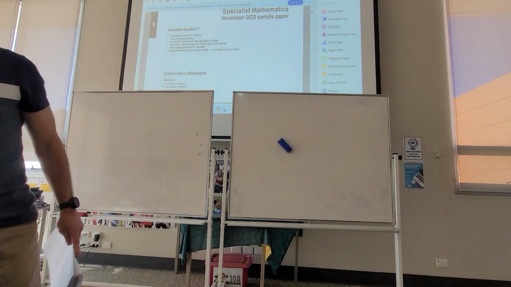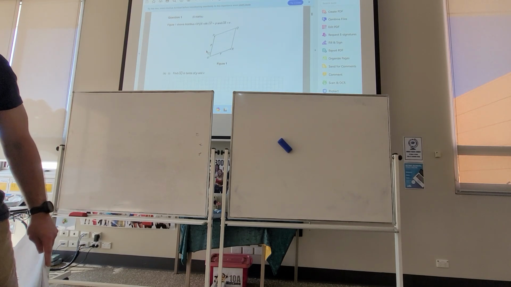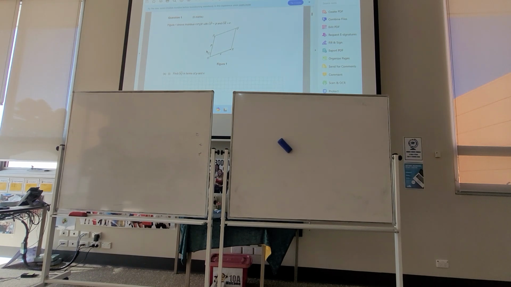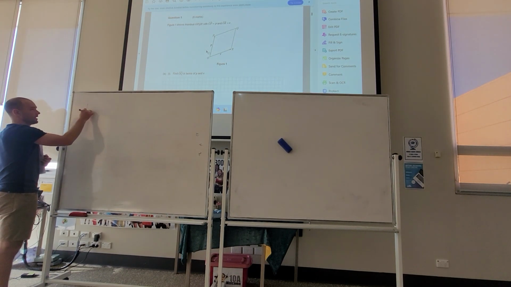We start off with a nice easy question. So let's get right into it. We have a vector question here. We have a rhombus. It's a parallelogram with equal sides, right? That's what a rhombus is.